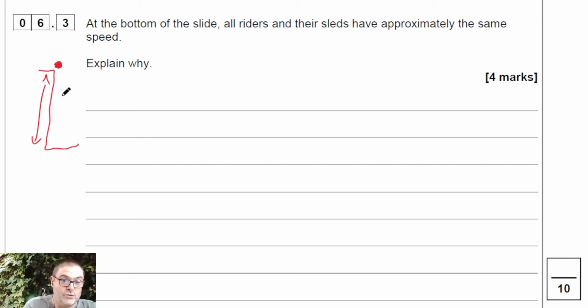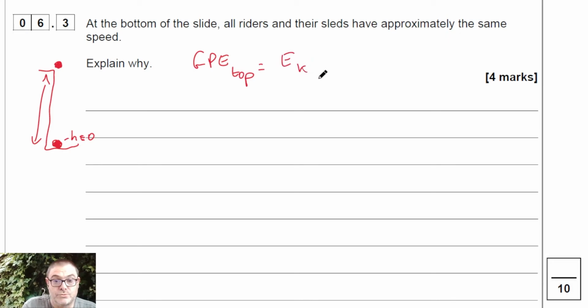As the ball falls, its gravitational potential energy turns into kinetic energy until it hits the floor, where it's got no gravitational potential energy because its height is 0, which means all the gravitational potential energy you had at the top has turned into kinetic energy at the bottom. And that's the key to this question. So first of all, we can say that GPE at the top equals kinetic energy, EK, at the bottom.